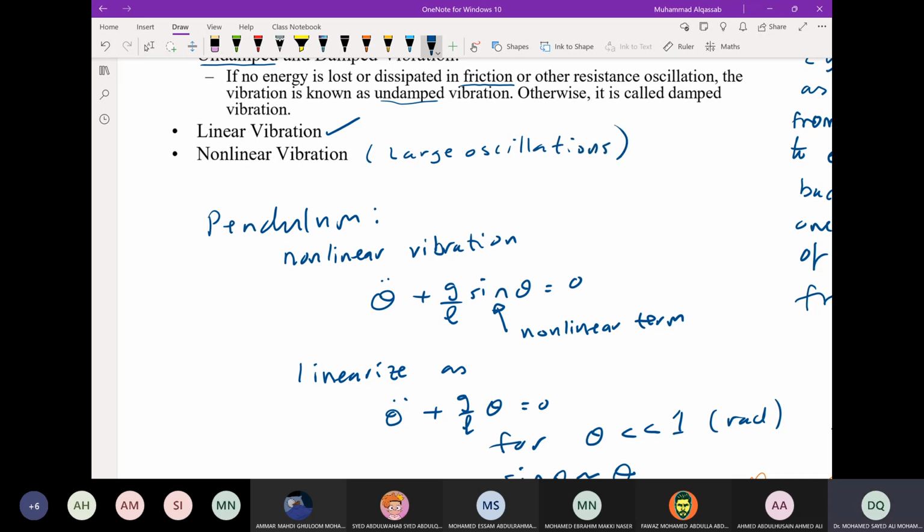Okay, so linear vibration is characterized by a linear differential equation and small oscillations.